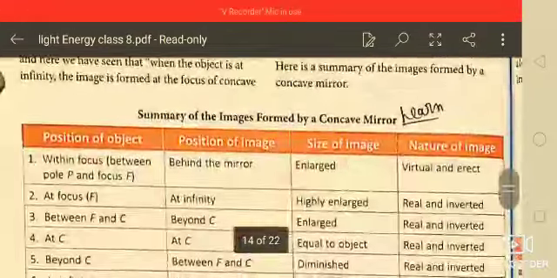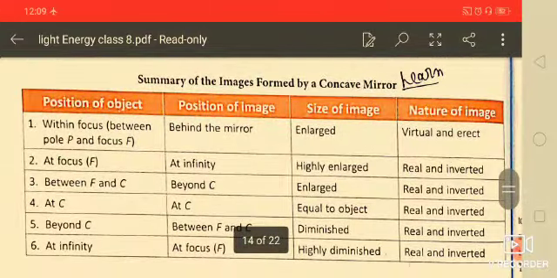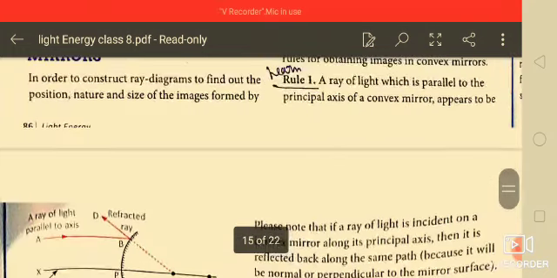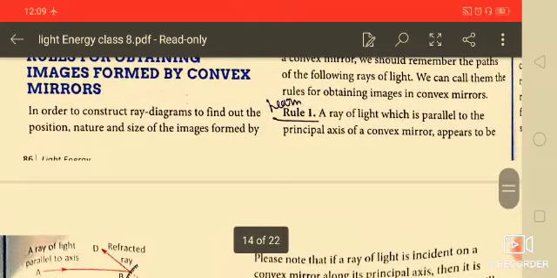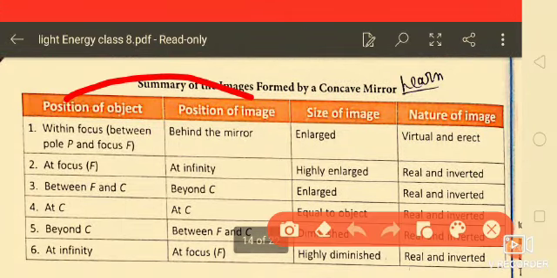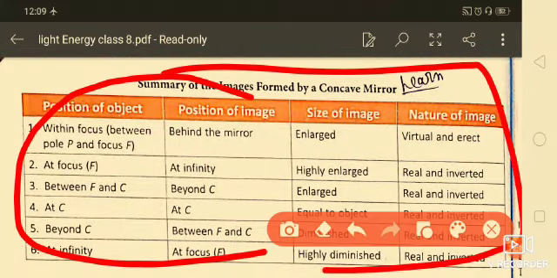So these are the rules, and here the summary of the image formed when the object is placed at different places is given in the table. You will learn it, students, through this table, and it is most important.